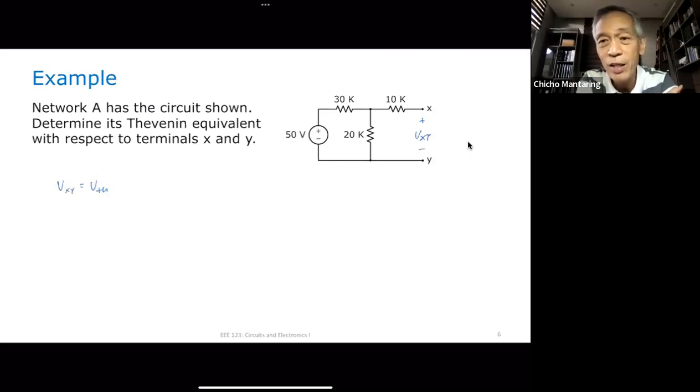This is something that you can solve mentally. You can tell me over the chat box so that I can see the responses of many people. So what is the value of Vxy?